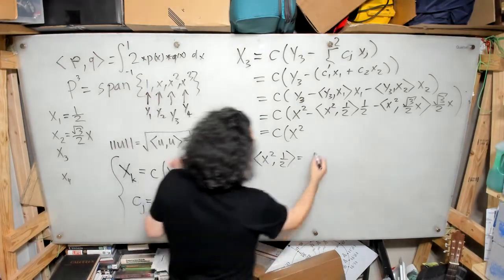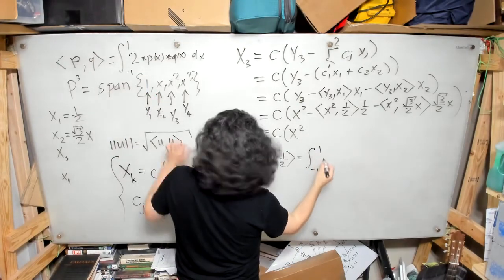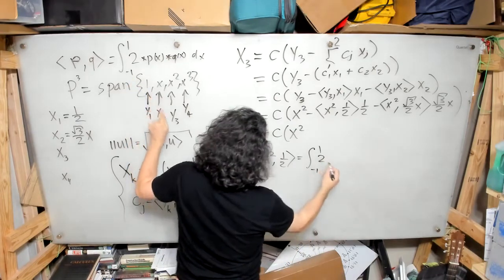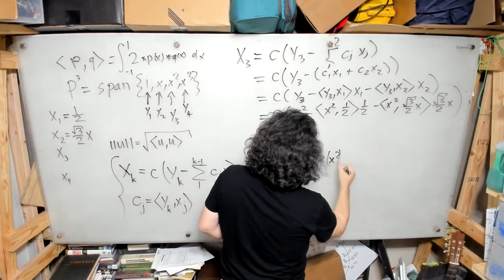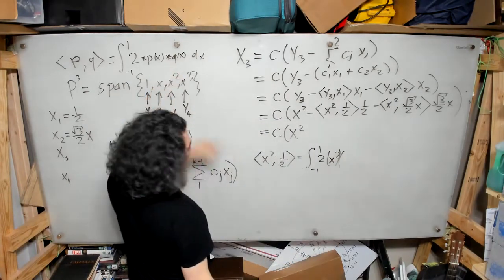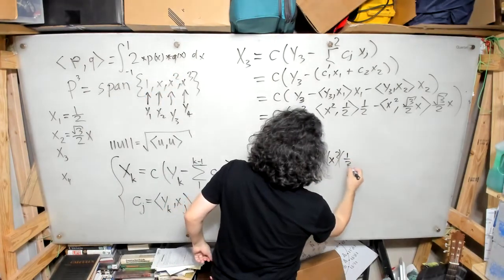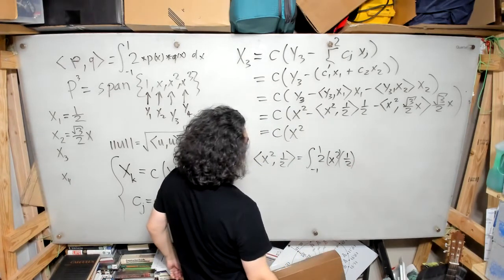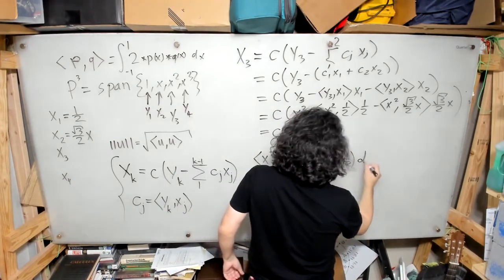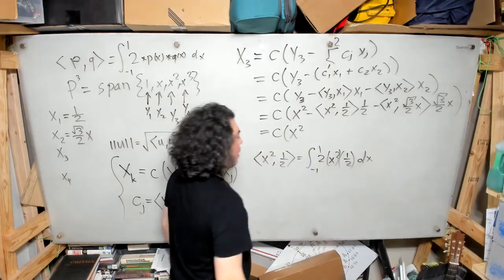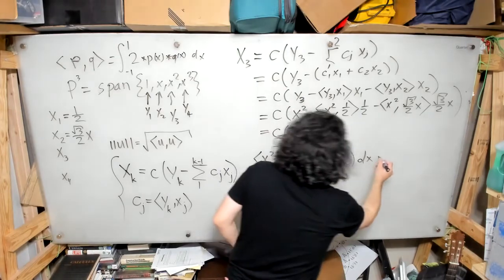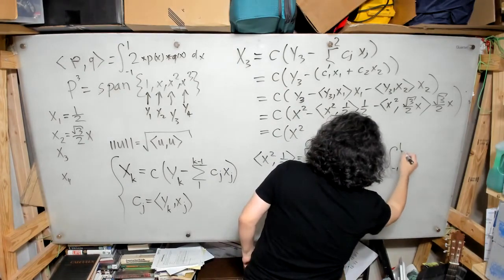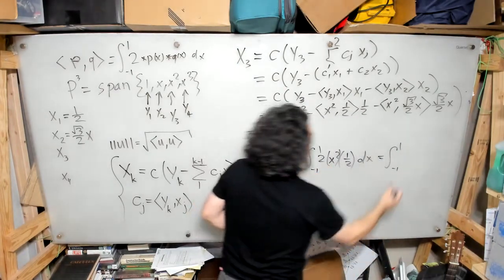It's going to be the integral from -1 to 1 of 2 times p of x, which is x squared, times q of x, which is in our case 1/2, and then times dx. Now here, 2 times 1/2 is 1, so this simplifies to the integral from -1 to 1 of x squared dx.